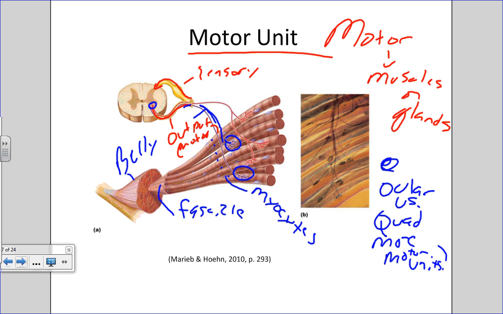When I say ocular muscle, I mean one of the small muscles of the eyeball. So think about this. Which is the bigger muscle?